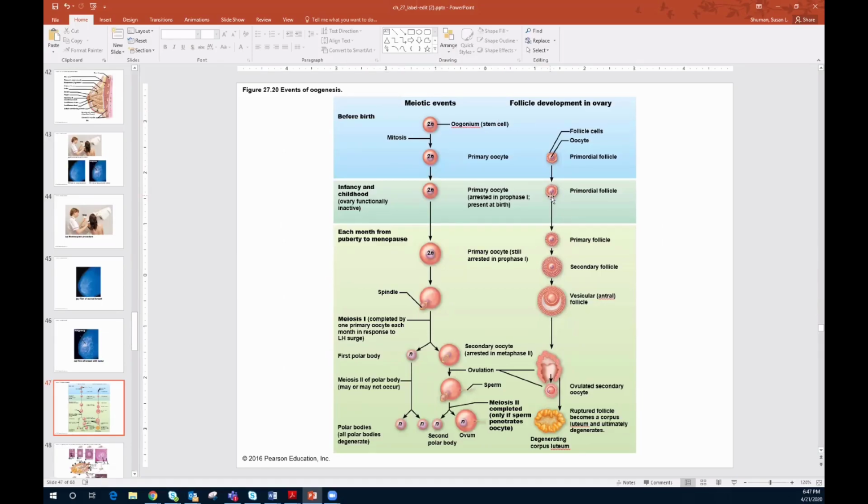Meiosis is in prophase 1. Every single one of your oocytes is sitting in prophase 1. You need to know that. In other words, synapsis and tetrads of homologous chromosomes have occurred. They're sitting there in a state of suspended animation. Every single egg you have, your 100,000 eggs, they're sitting like that. Okay, ladies?